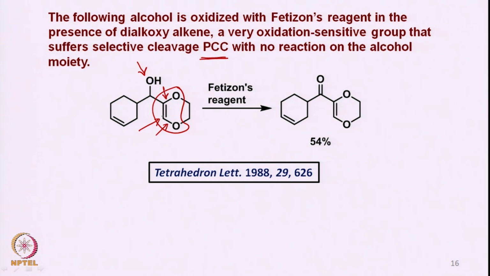On the other hand, Fetizon's reagent allows the oxidation to take place, even though the yield is low, and the reagent allows oxidation of such an allylic alcohol, which is a sensitive substrate.